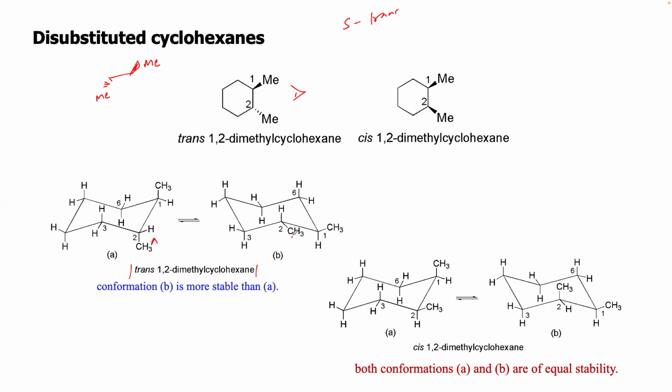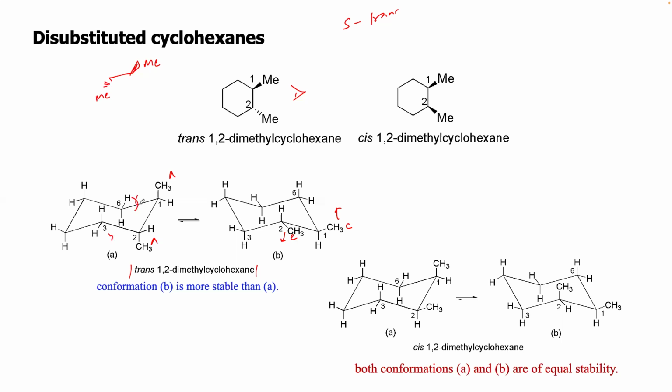We know that axial becomes equatorial, and the axial becomes equatorial. So in the flipped ring, this is going up and this is going down, so they are still trans. Then what would be the more stable conformation? B has to be more stable because A has 1,3-diaxial interaction, as you can see at the 1, 2, 3 positions.